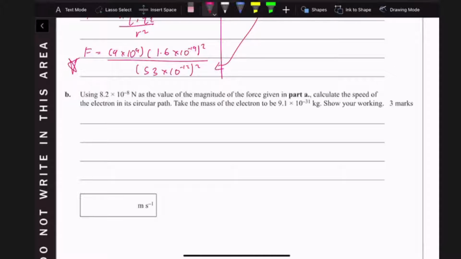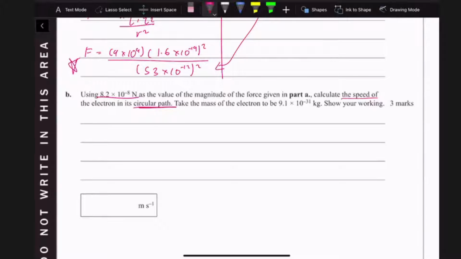So now they want us to use this value and to calculate the speed. So we know around the circular path, if it's a circular path, we're going to be dealing with centripetal motion.